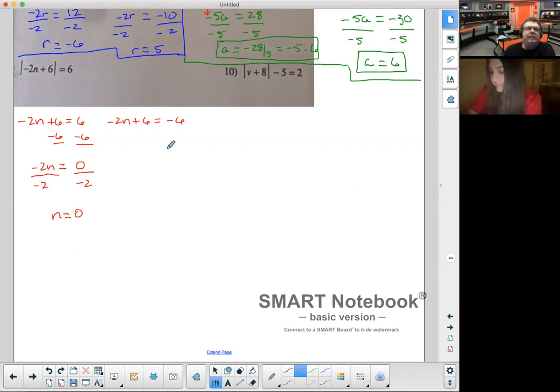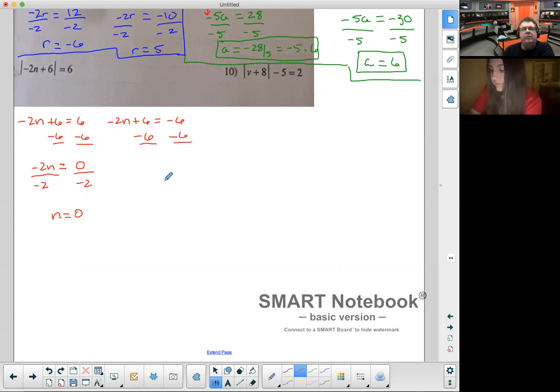And then we also have to do minus 6. Now write the minus 6 on the other side right away. Do minus 6 and then write minus 6 over here.